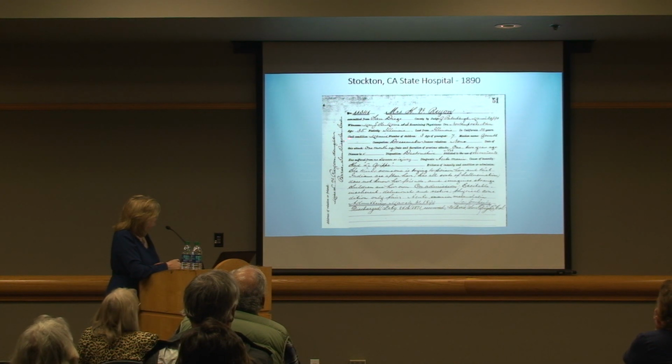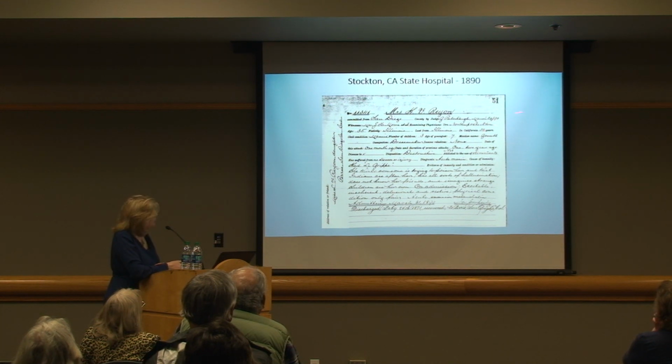You find her age, where she was born. She last lived in Illinois before she came to California, and she had been in California for 32 of her 35 years. So that helps you with migration. She has 3 children, the youngest of 7. Oh, it gives her maiden name. How about that? And her occupation, dressmaker.